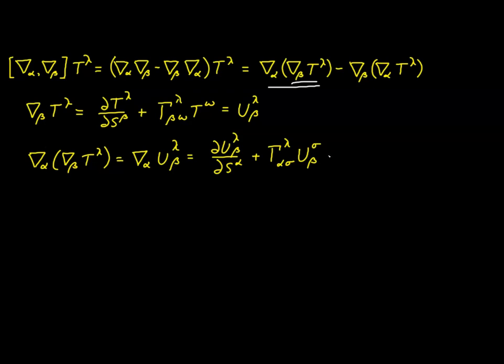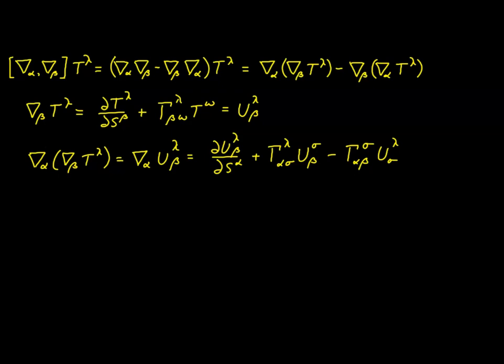This time it's negative because beta is in the lower position. And we'll have gamma. This time our free indexes are alpha and beta. We'll have our object u, and lambda is unchanged, and our dummy index is here and here. And that's the result that we're looking for here.